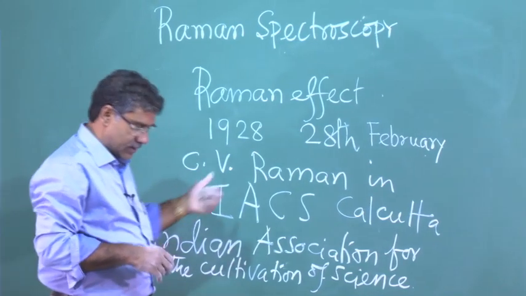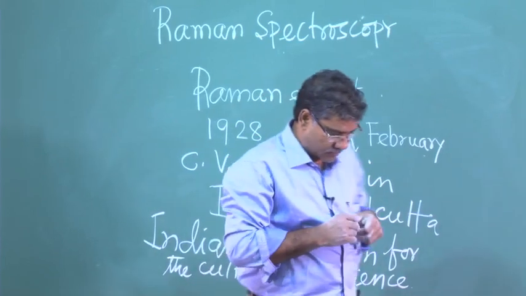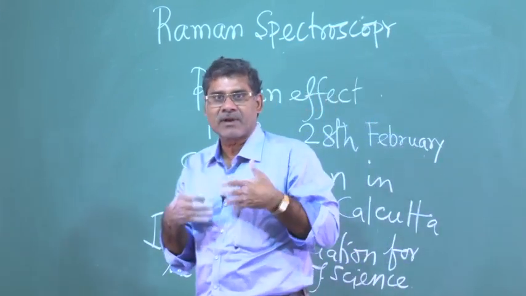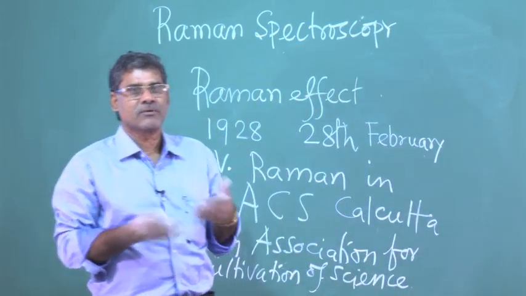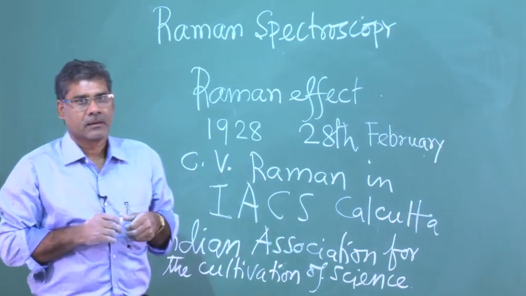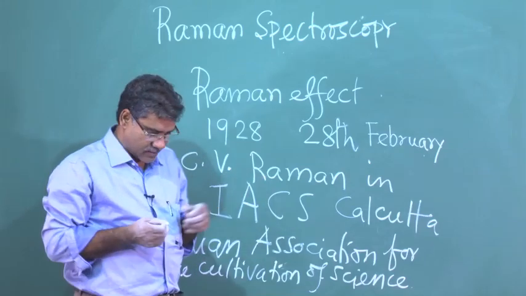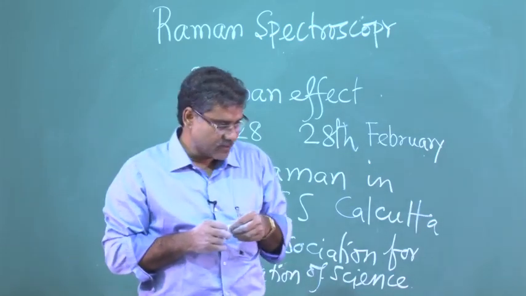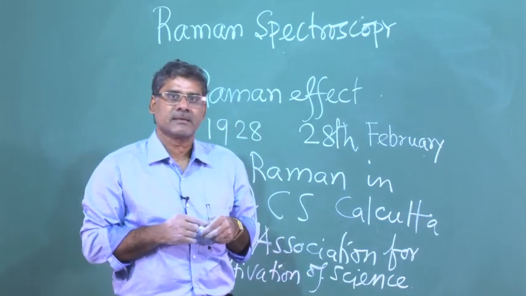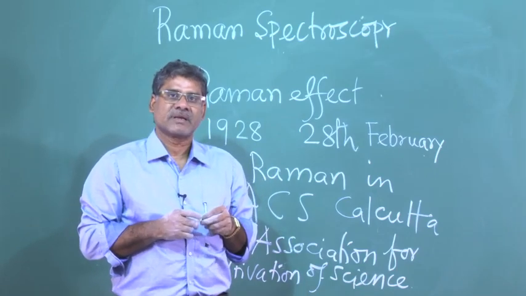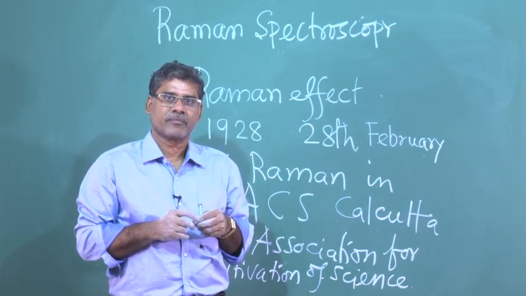So, this C.V. Raman was an accountant general. His posting was in Kolkata, because after MSc, he, C.V. Raman, did his BSc from Presidency College, Madras.